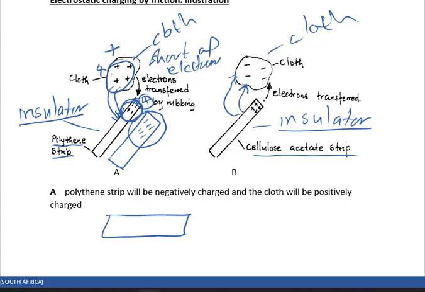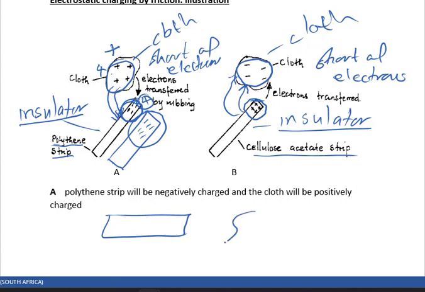And notice the acetate strip now is short of electrons. Because they were transferred to the cloth, the cloth in turn has 4 more electrons than before.